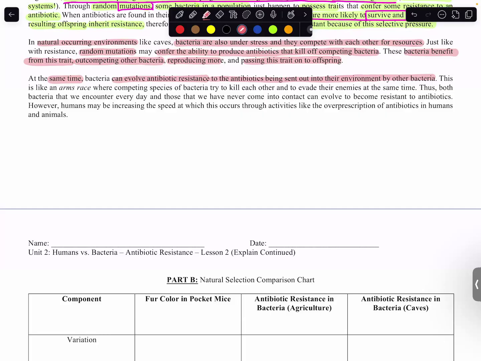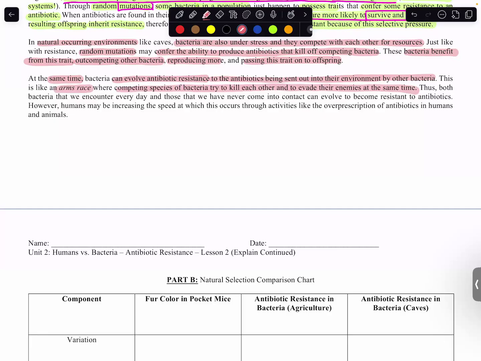So those bacteria that are able to resist the ones producing the antibiotic will be able to outcompete them. This is like an arms race where competing species of bacteria try to kill each other and to invade their enemies at the same time, right?